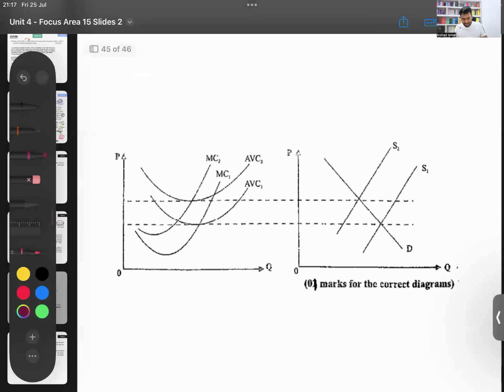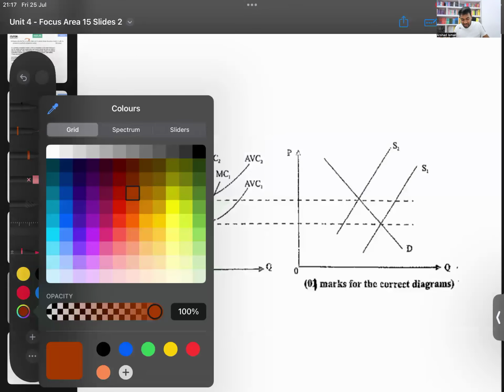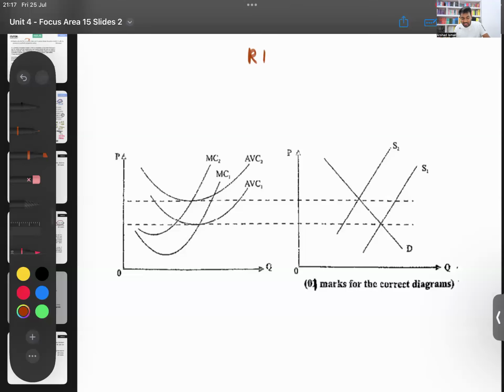So also you have to think, when your raw material prices increase, one, your supply curve is shifting to the left. But also, if your raw material price is increasing, what happens to your variable cost?